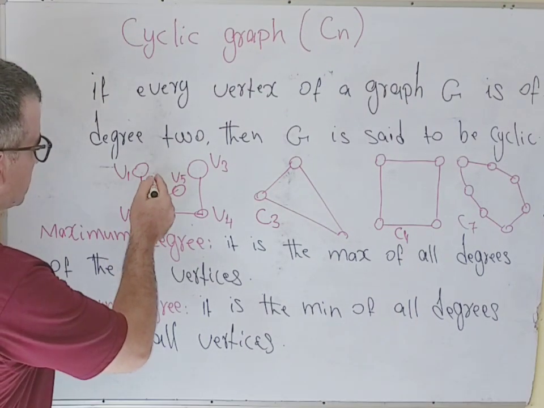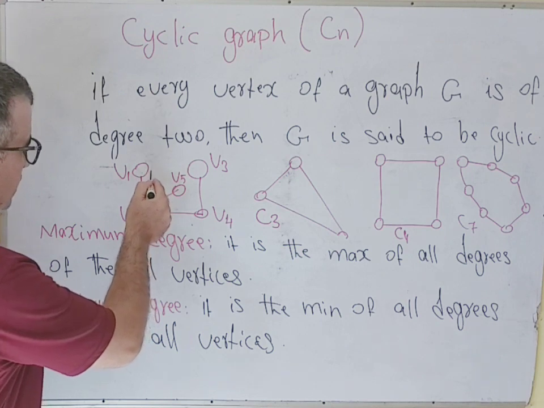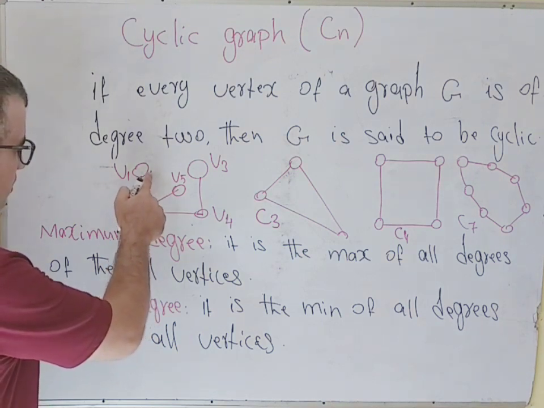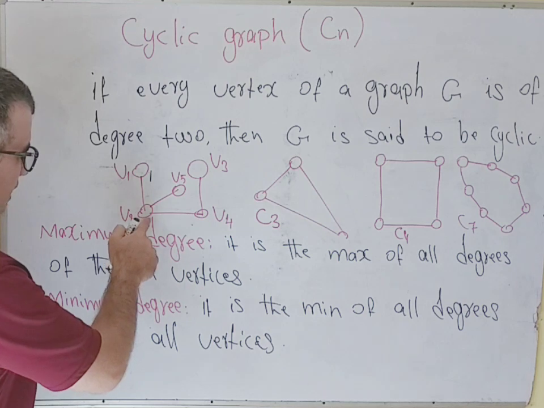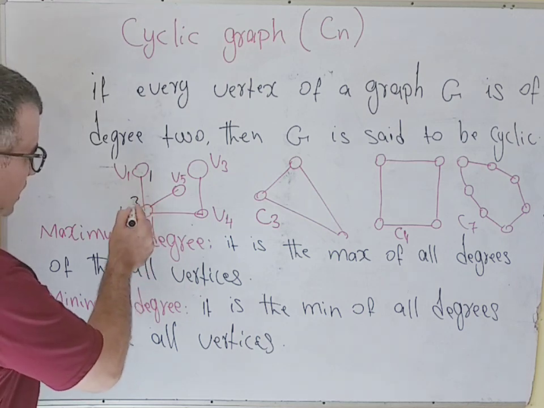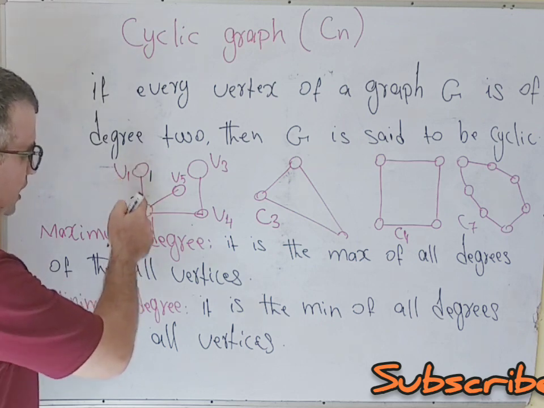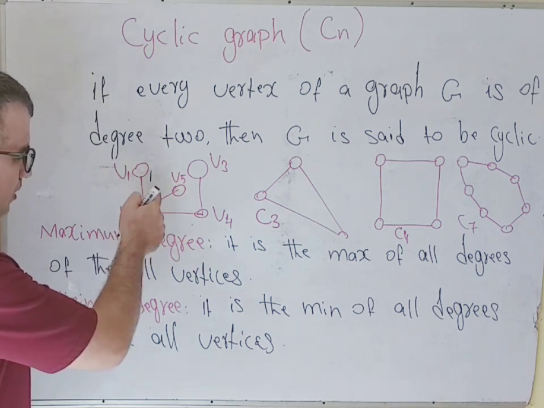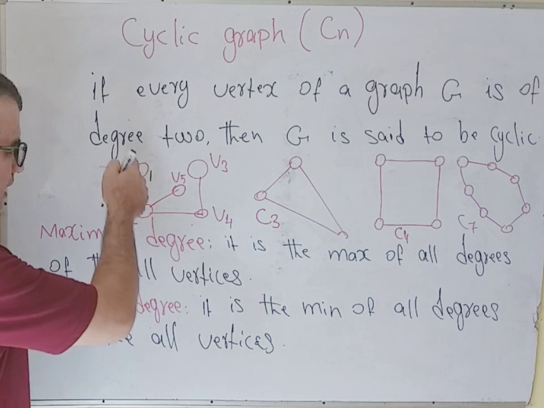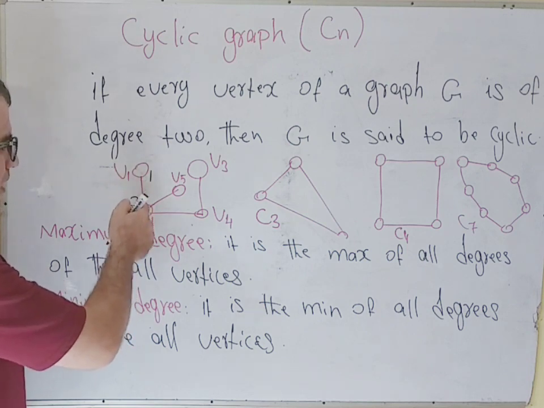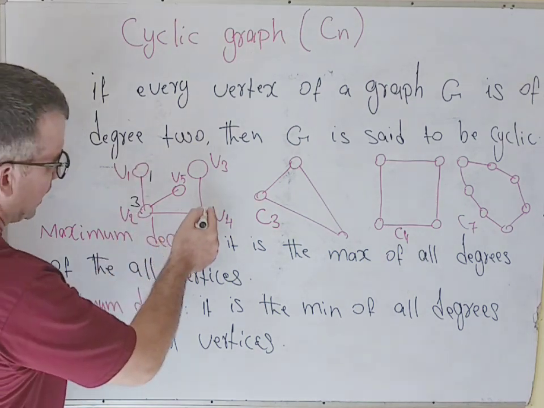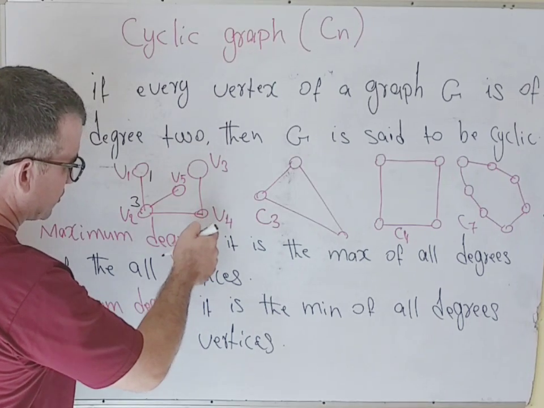v1 has degree 1. This vertex has degree 1. This one has degree 3, yes, because it is connected to 3 vertices. This one is connected to just 1 vertex. So this is vertex number 4.